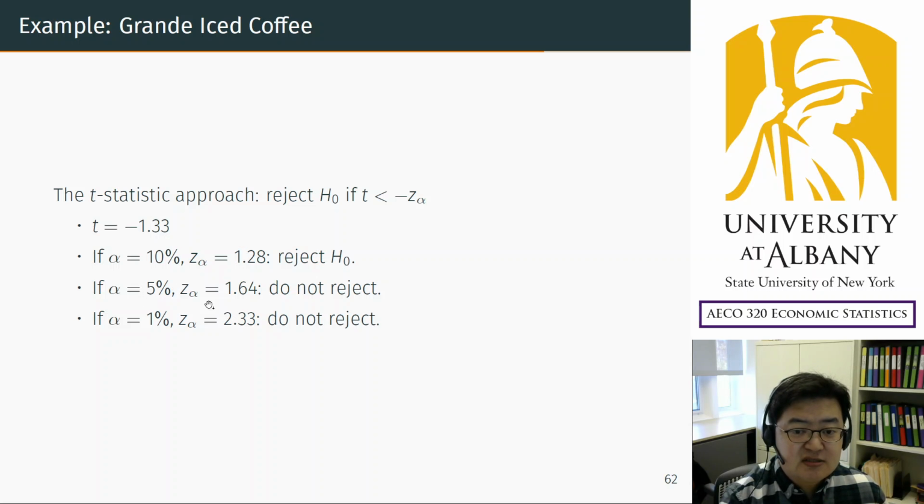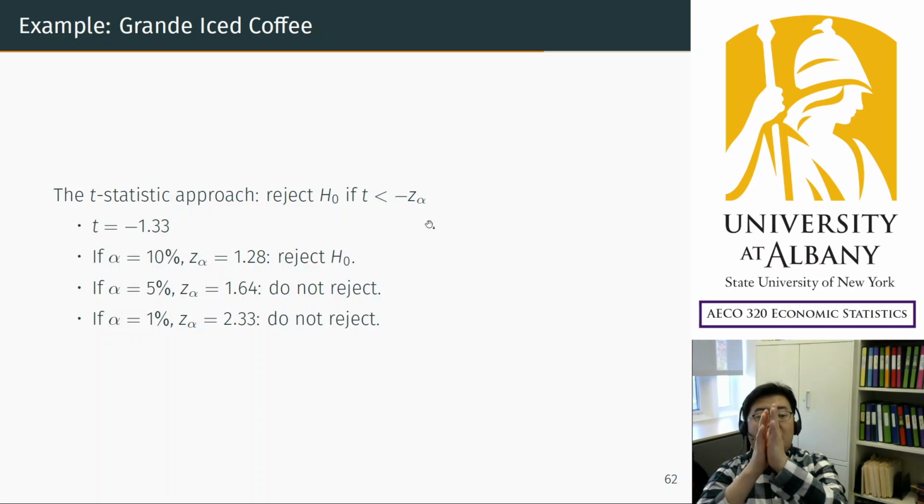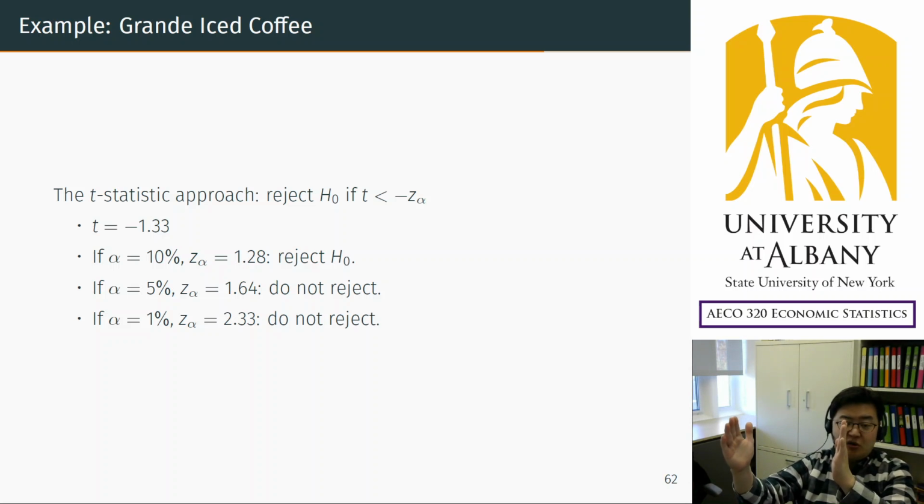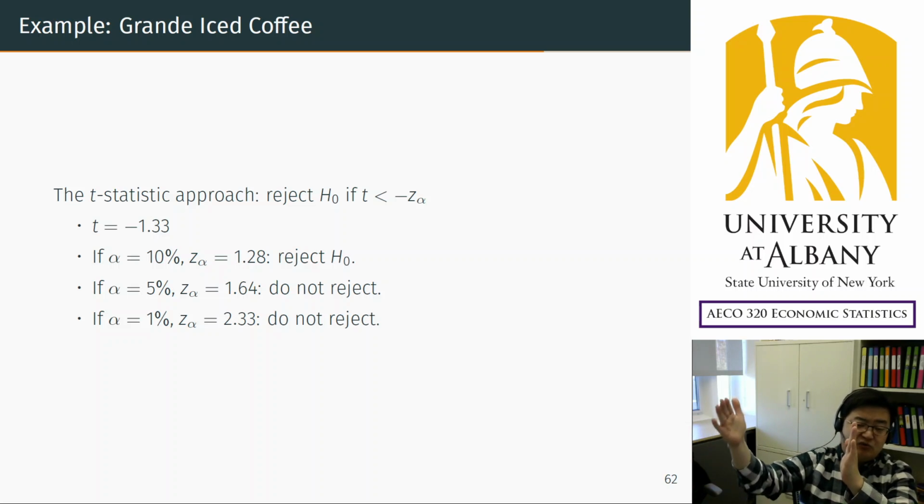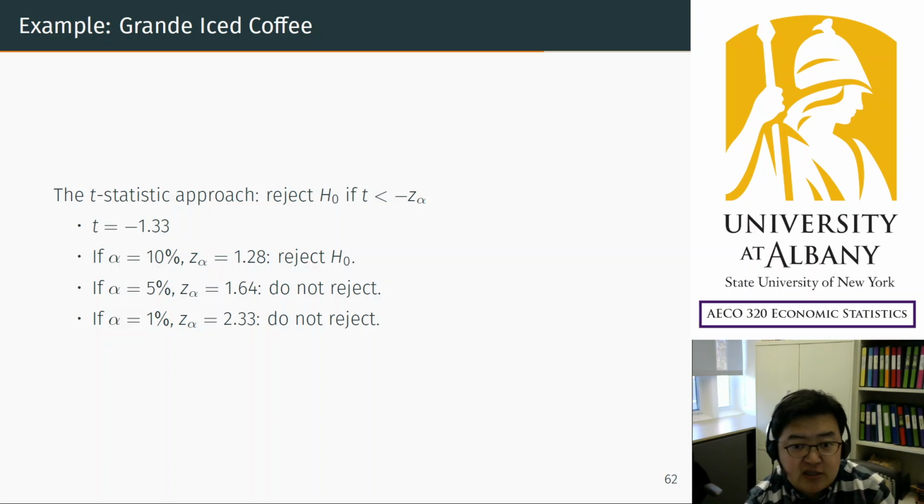And at 5%, the threshold is minus 1.64. So like 0 is here, minus 1.64 is here. That means your observed t-statistic is closer to 0 than minus 1.64, so you don't reject. So minus 1.33 falls inside the threshold, and at 1% same thing, you don't reject.